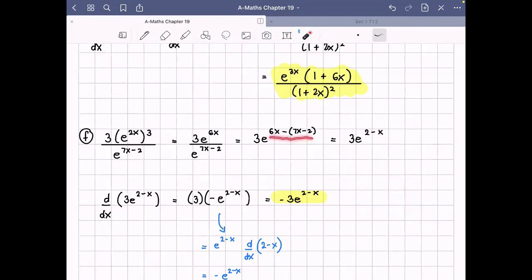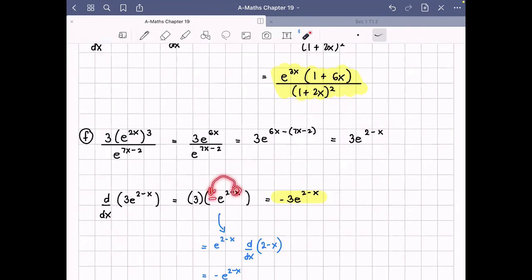So therefore, simplifying this, you will get 3e raised to 2 minus x. And then this is what we are going to derive. So getting the derivative of this, you will get what? So what is the coefficient of x again? It's a negative 1. So negative 1 is multiplied here.